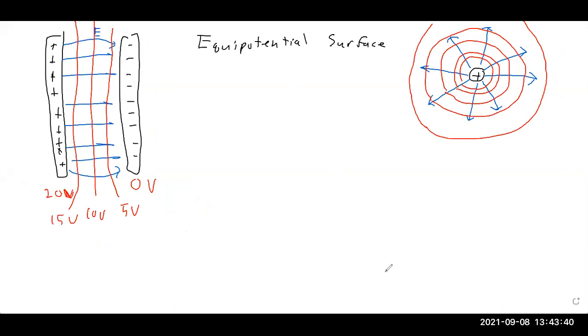An analogy that I am very fond of is looking at it in terms of a topographical map. So you can think of the electric field as the direction downhill. You could give someone an idea of what the terrain is like by just drawing in a bunch of arrows which point downhill.